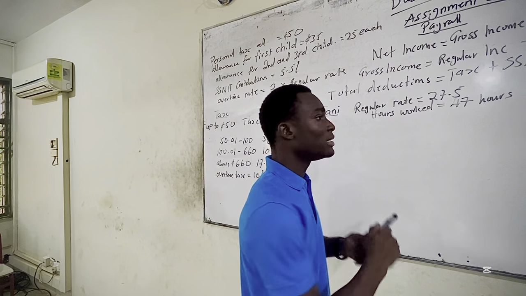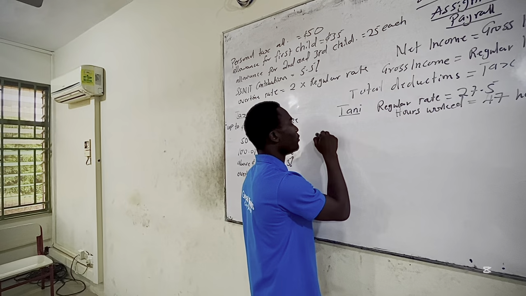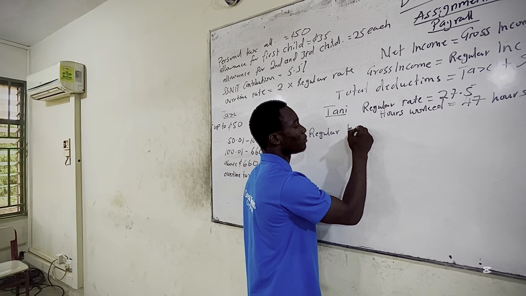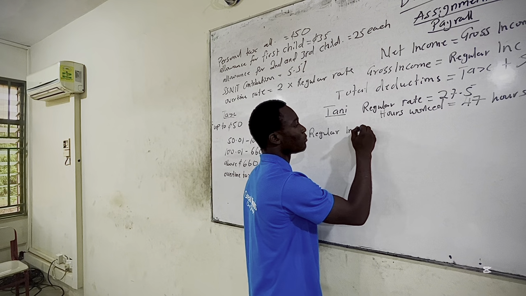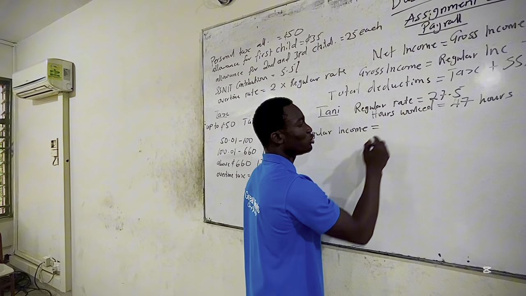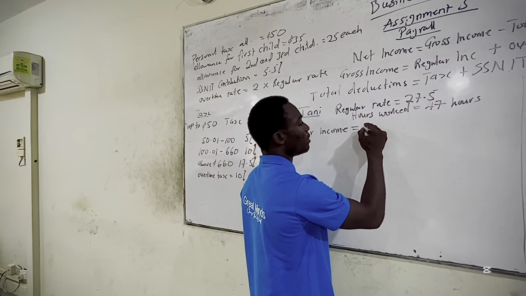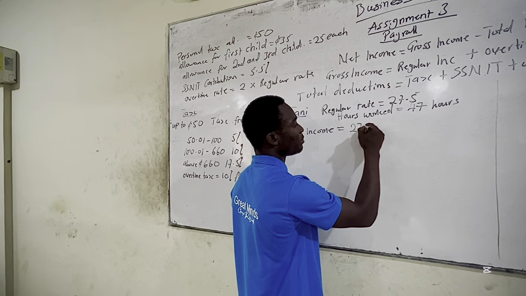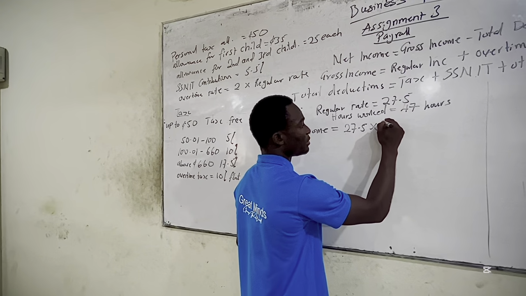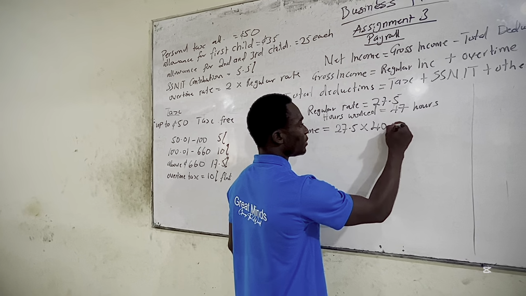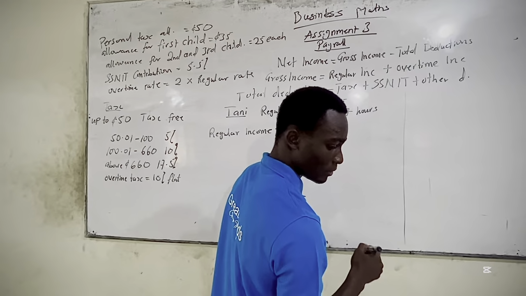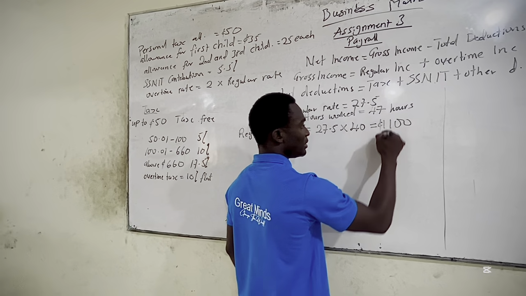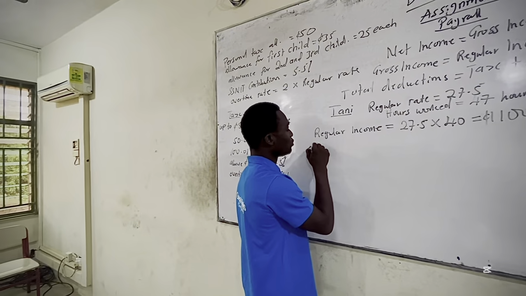So the regular income is going to be the rate, which is 27.5, times 40, giving us 1,100 cedis. Then we come to overtime.